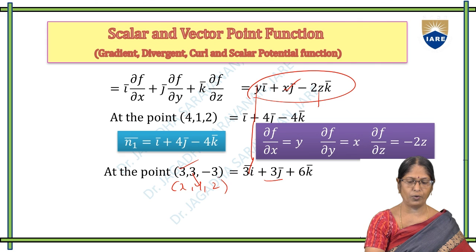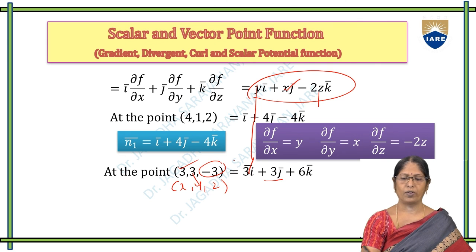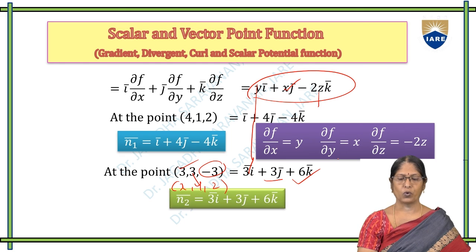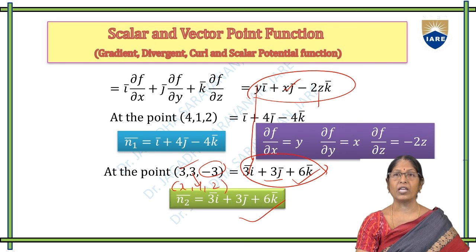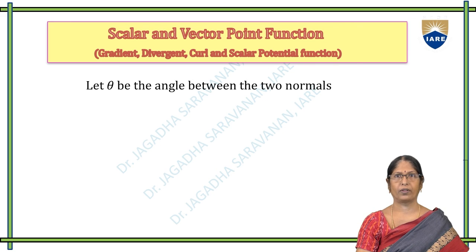Here the z value is minus 3, and already minus 2 is there, so plus 6k. We name this the n2 vector. So the n2 vector is nothing but 3i plus 3j plus 6k.